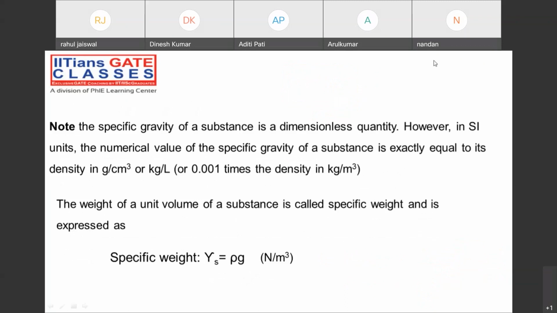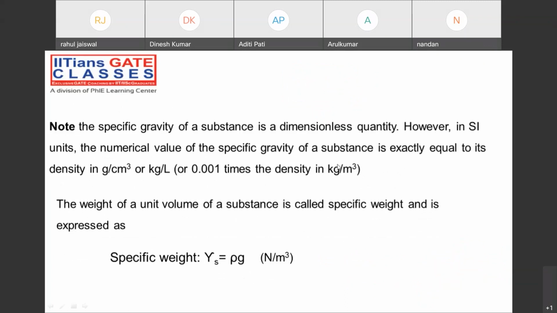Note down the next thing. Specific gravity is a dimensionless quantity. However, in SI units, the numerical value of the specific gravity is exactly equal to its density, that is in gram per centimeter cube or kilogram per liter or kilogram per meter cube.